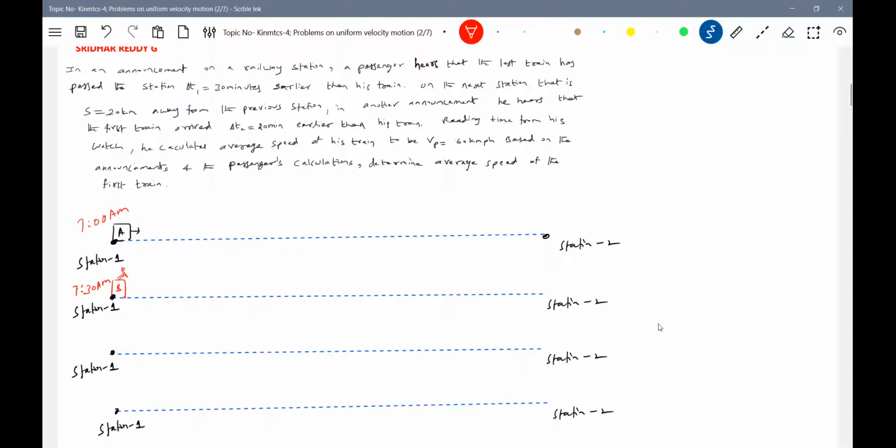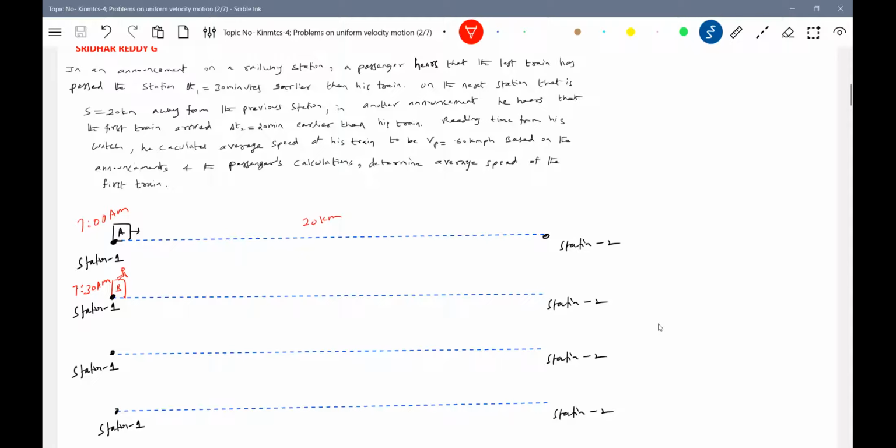On the next station, that is 20 kilometers away, so this distance is 20 kilometers from the previous station, in another announcement he hears that the first train arrived 20 minutes earlier than his train. Now here is where you have to take a decision.